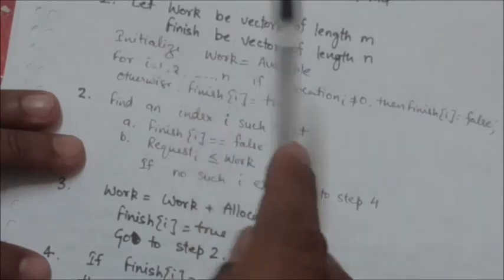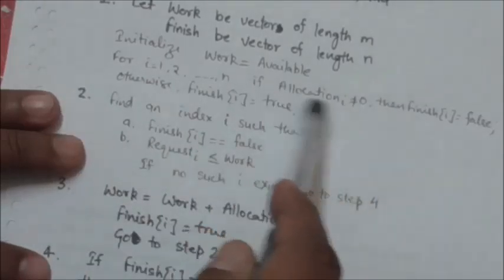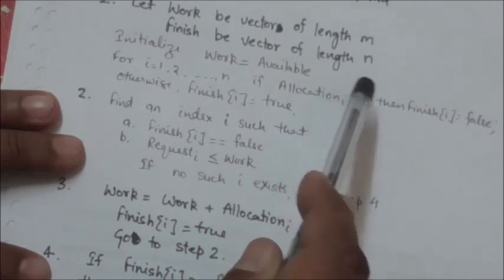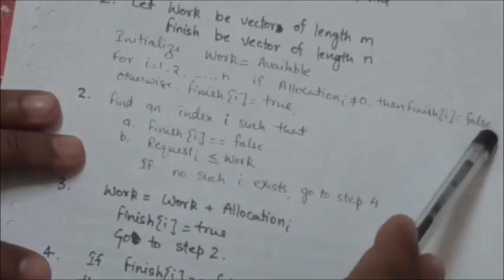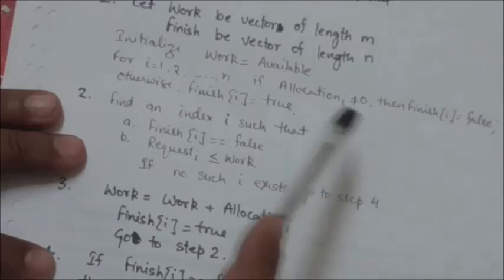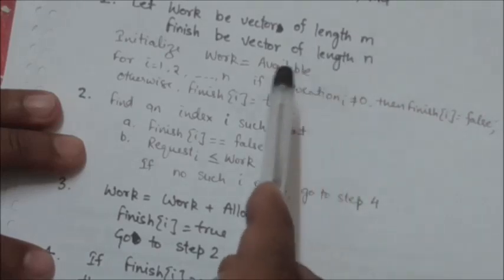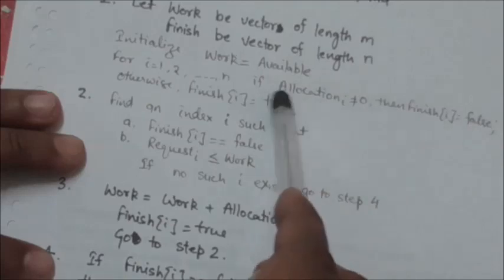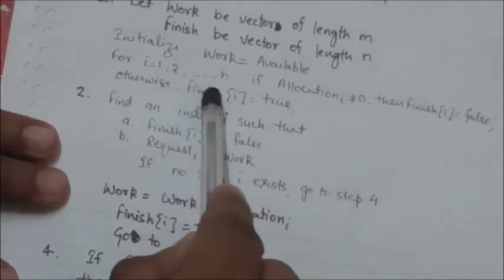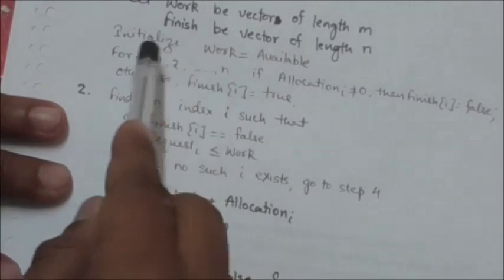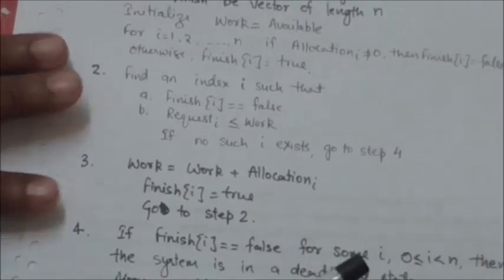Otherwise, if resources are allocated to process pi, then at index i in vector Finish we set the value false. We have to do this for all values of i from 1 to n, because there are n processes in the system. Now the second step.